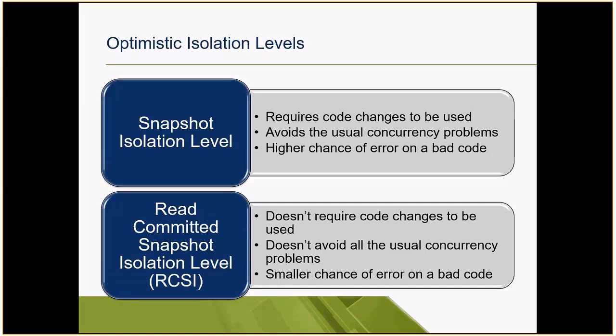We can get an existing application that's already in production and change some configurations for this application to use read committed snapshot isolation level. It will be automatic. We don't need to change anything on the code. We can only reconfigure, change the application configuration, and it will work.